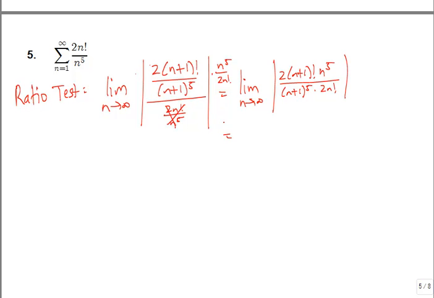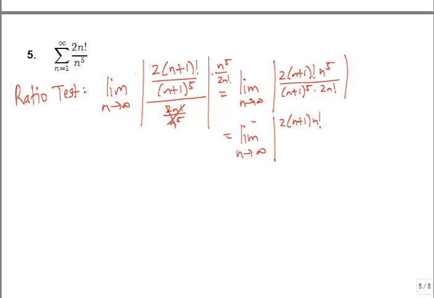Now with these factorials, keep in mind that you can break them down a little bit to do a little bit of reducing and canceling, because n plus 1 factorial is really n plus 1 times n times n minus 1 times n minus 2 all the way down to 1. But n times n minus 1 times n minus 2 all the way down to 1 is really the same as n factorial.